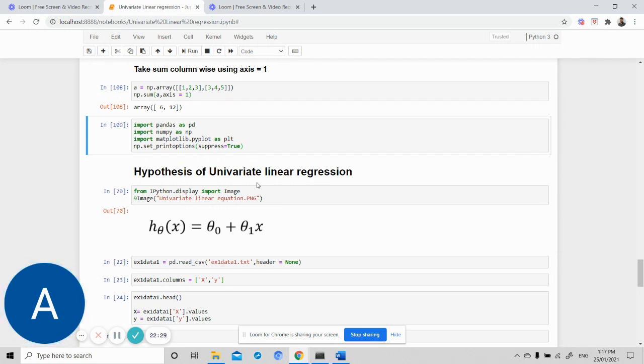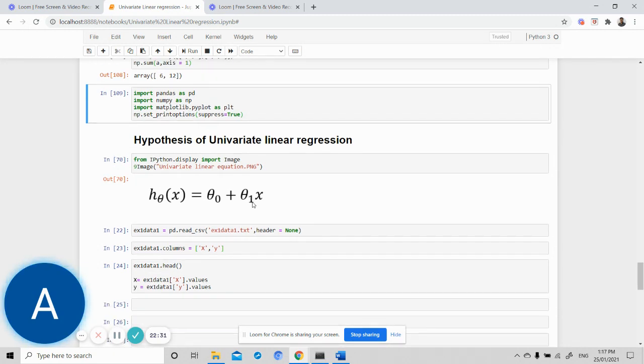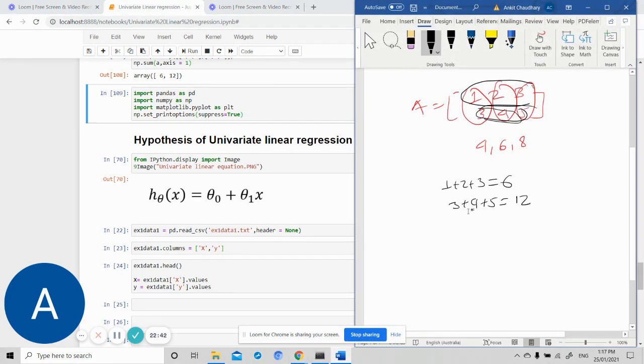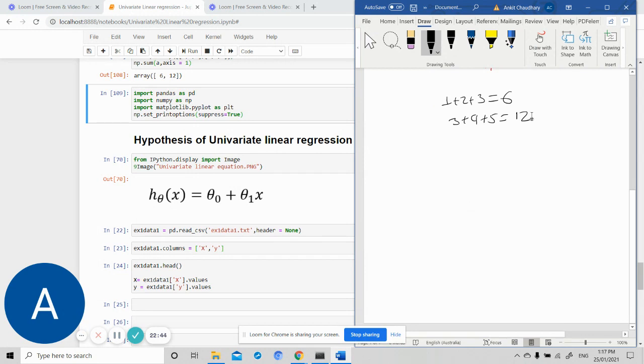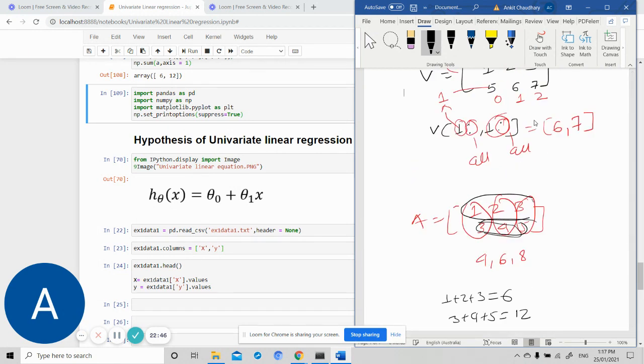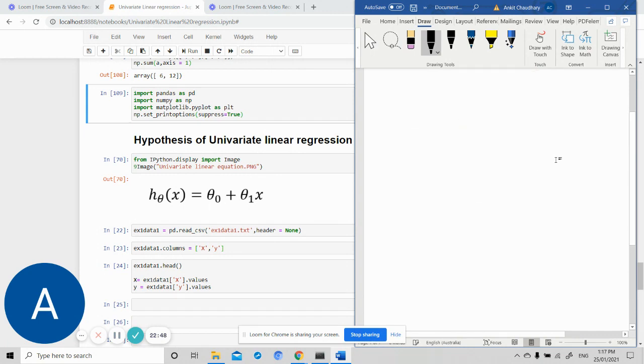The hypothesis equation for univariate is h theta of x equals theta naught plus theta 1 x.